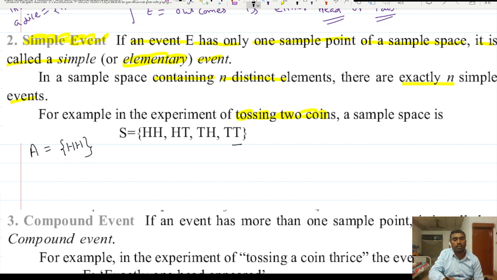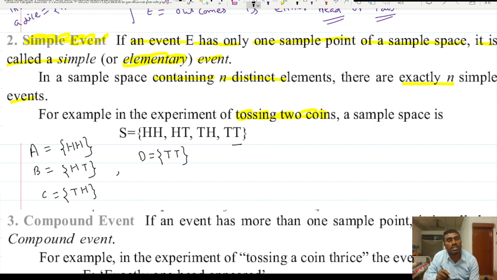This is one of the simple events. Let B be the event in which the first coin is showing head and the second coin is showing tail. This is a simple event. Or C is another event in which the first coin shows tail and the second coin shows head. Or we can take another event D in which both coins show tail. So in this case these are simple events.